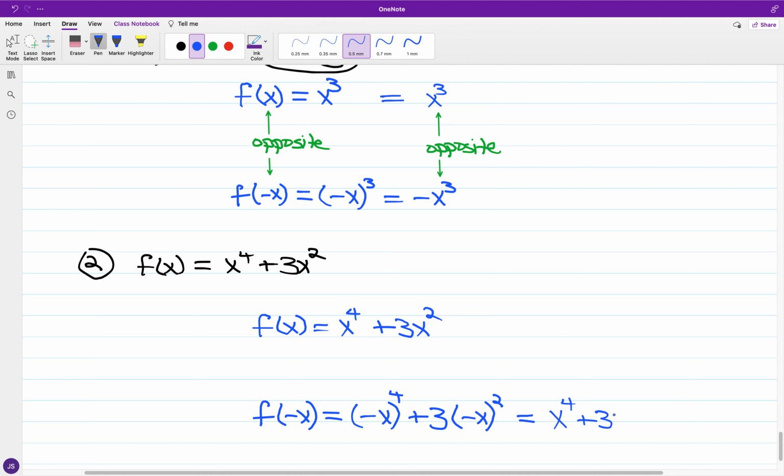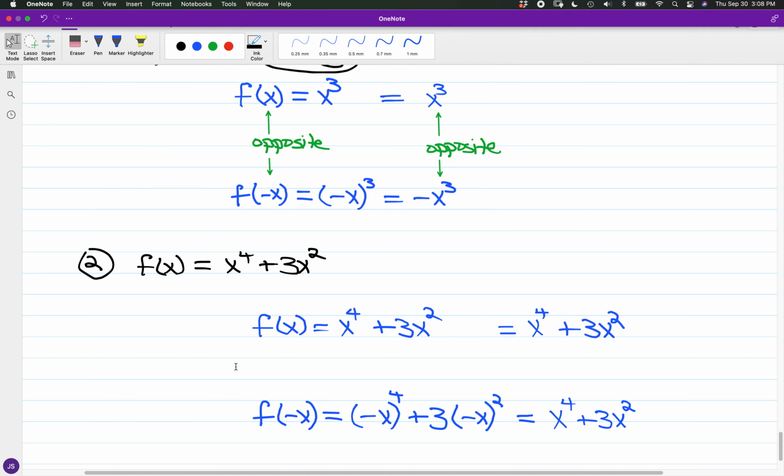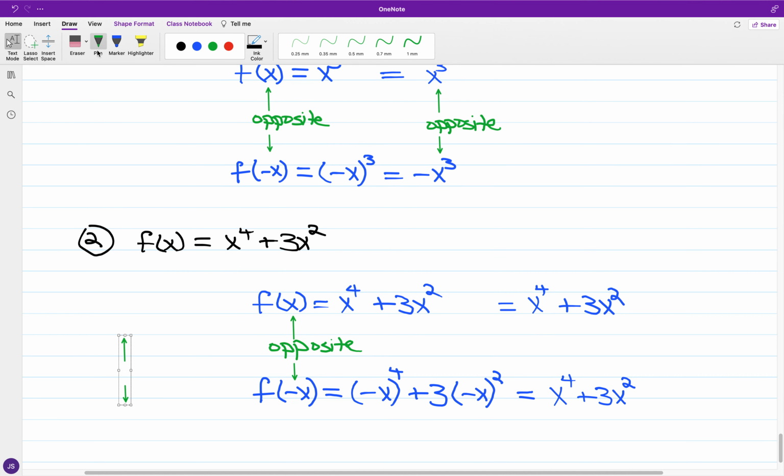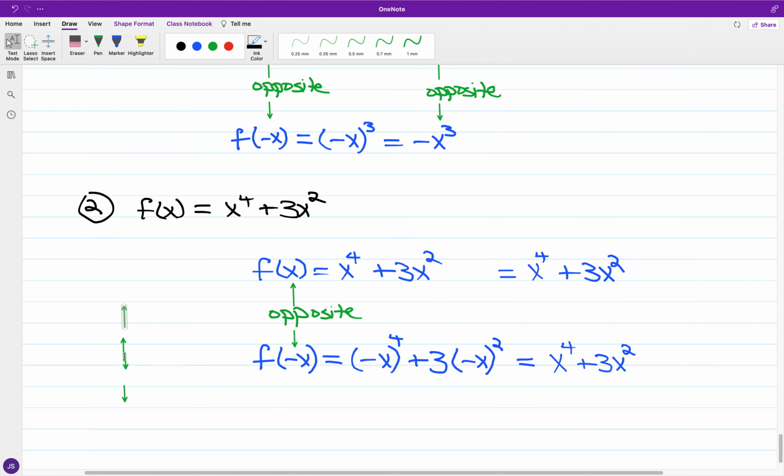So we're going to have another situation where we have x to the 4th plus 3x squared.